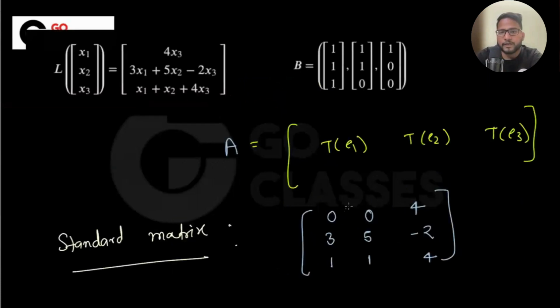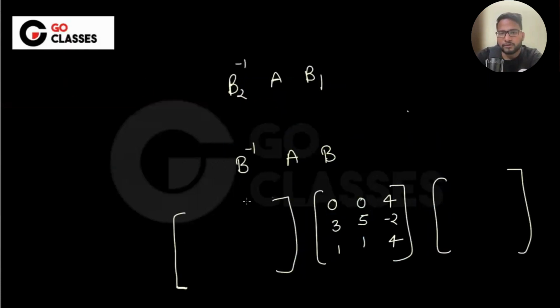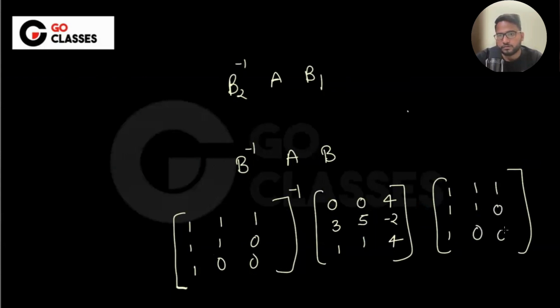Okay. So what is B here? Triple one, 110, 100. Inverse of this, triple one, 110, 100, right? Okay. So let's just find the inverse of this and let's check what is the correct answer.